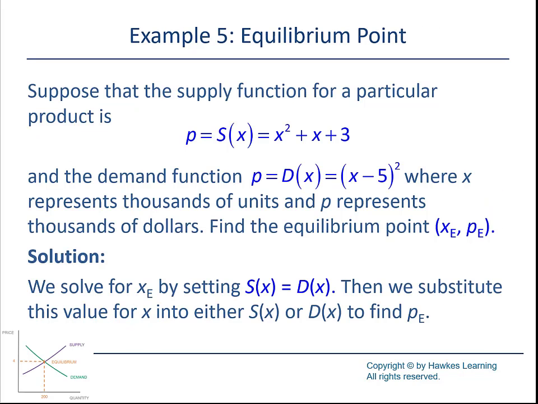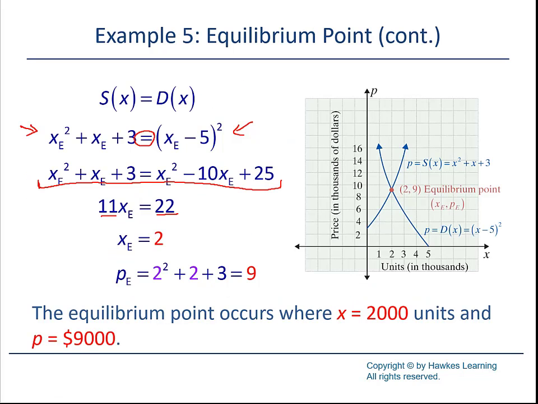P represents thousands of dollars. X represents thousands of units. So when you give your answer, you have to make sure you put the proper units on them. X is in thousands, so this x equals 2, x represents 2,000 units.